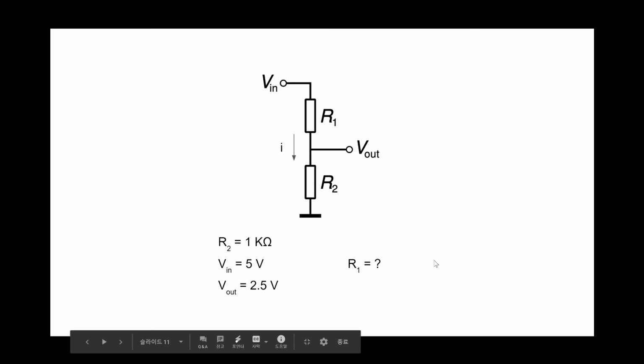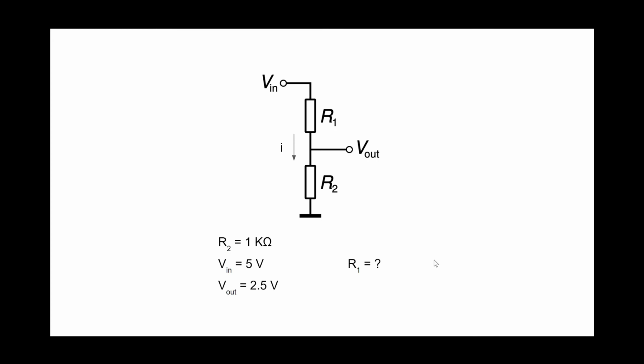The calculation is very easy because the voltage of R2 is 2.5 volts. We can see that the voltage drop on each of R1 and R2 is 2.5 volts, exactly the same. As a result, R1 and R2 resistance is the same, so R1 is 1 kilo ohm. In other words, our sensor has a resistance value of 1 kilo ohm.